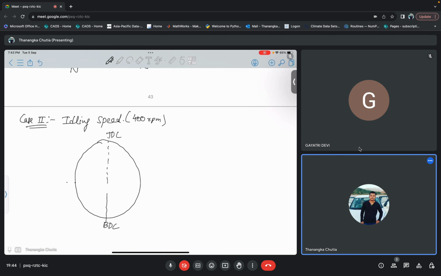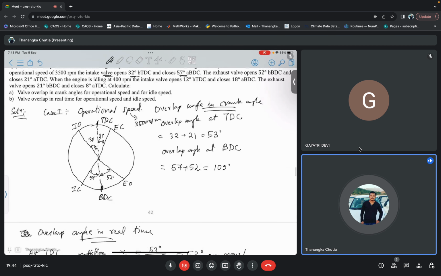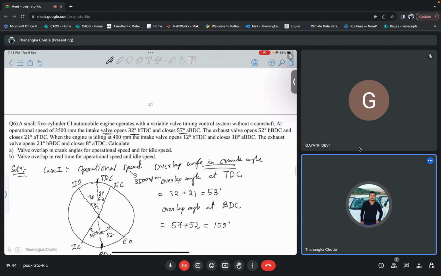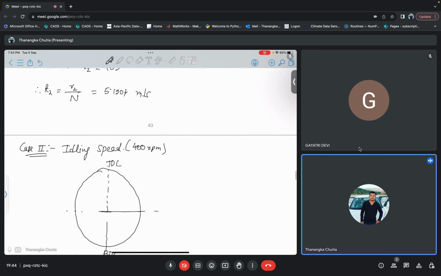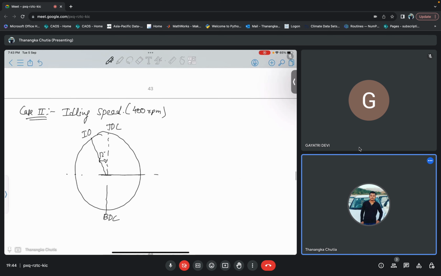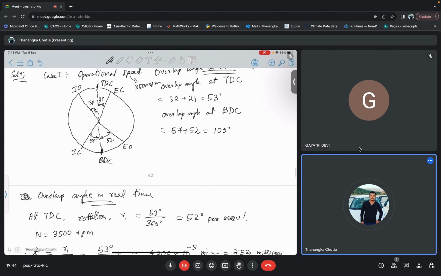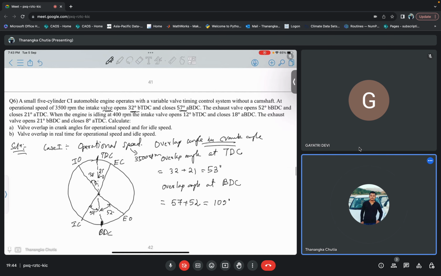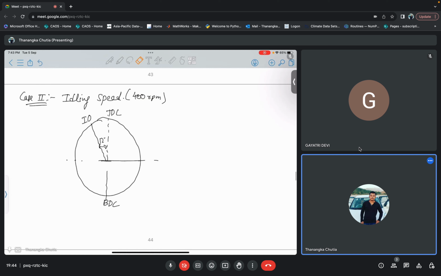Here the inlet valve opens 12 degree before TDC, and the inlet valve closes 18 degree after BDC. This is your 18 degree, and this is where your inlet valve closes.